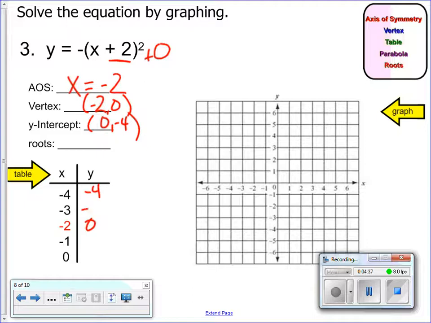If I plug in negative 3, I get negative 1. I plug in negative 1, I get negative 1, and 0, negative 4. So if I graph those at negative 4, negative 4, negative 3, negative 1, negative 2, 0, negative 1, negative 1, and 0, negative 4, you can see that my parabola is hitting the x-axis, so my root is just negative 2.